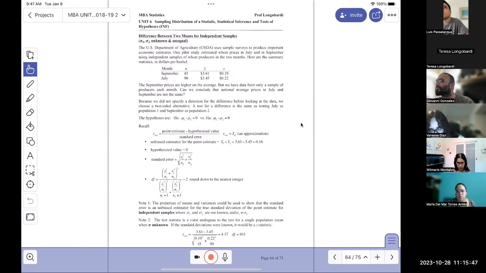Degrees of freedom, I think it's just n-1 still with 2 samples. Yeah, you add them up and take away 2, I think. Yeah, here it is. That's your degrees of freedom.